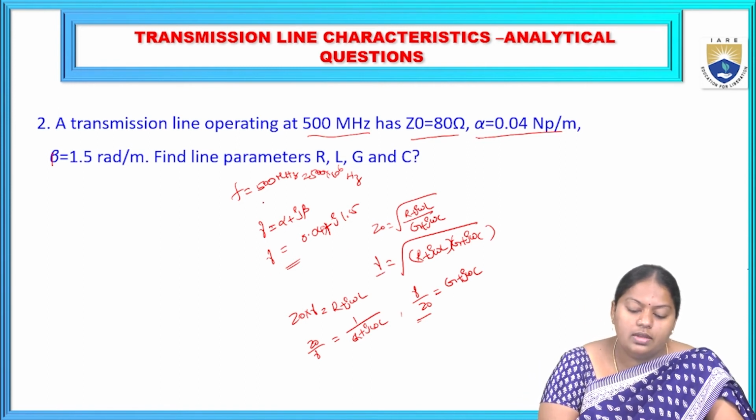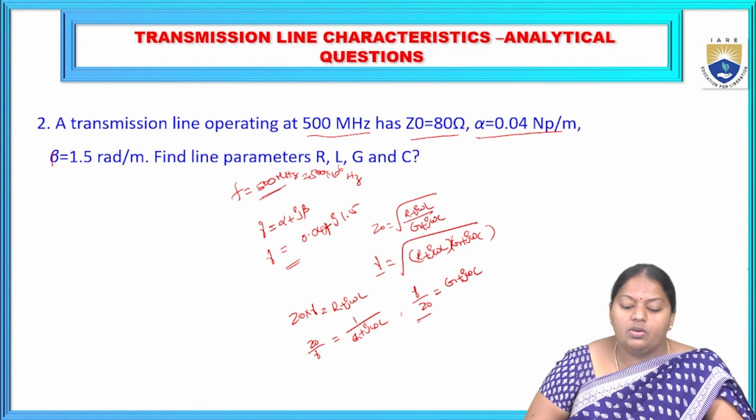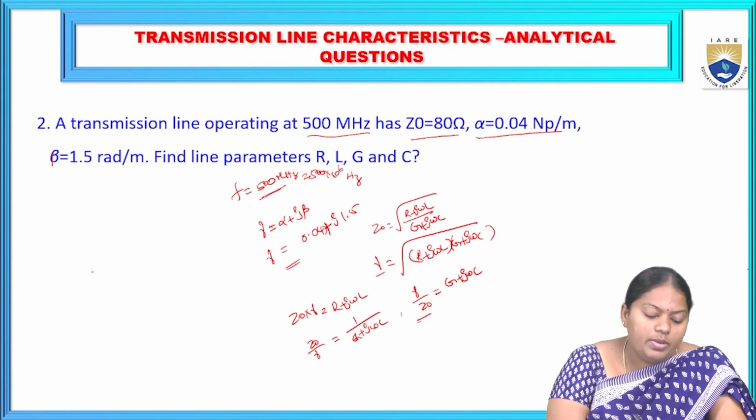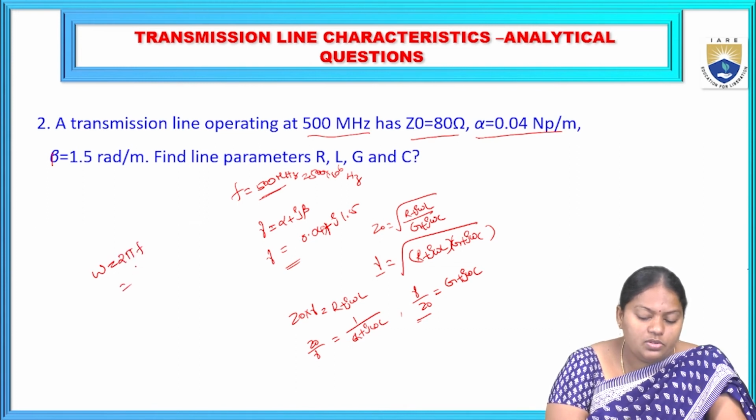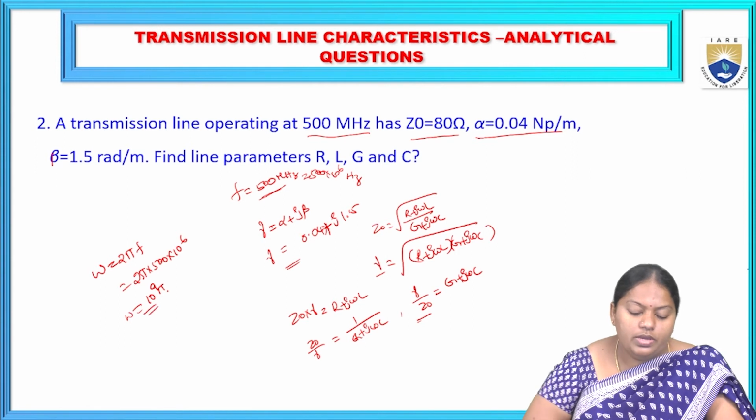now using the angular frequency with f equal to 500 megahertz, omega needs to be considered as 2 pi f. Then in place of f, if you substitute 500 megahertz, that is 2 pi into 500 into 10 power 6, means 10 power 9 pi, the omega value is obtained.